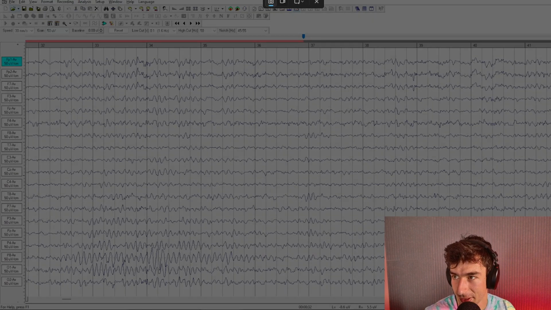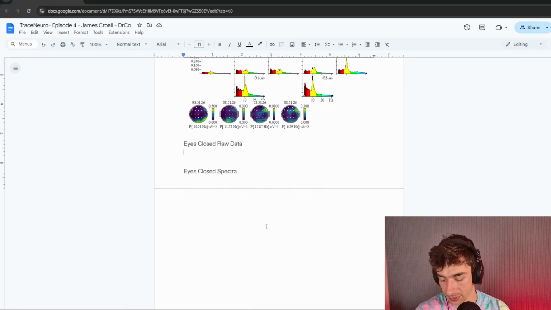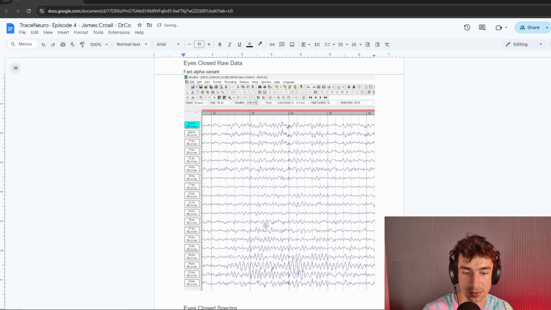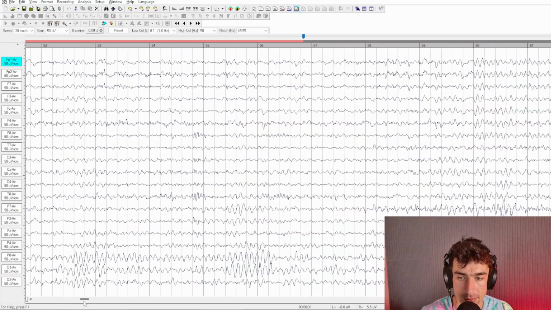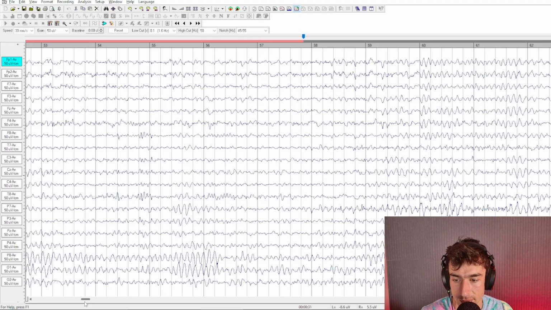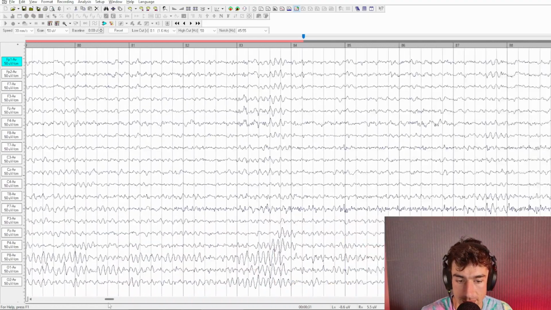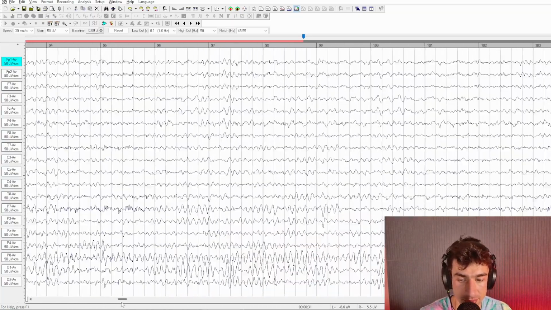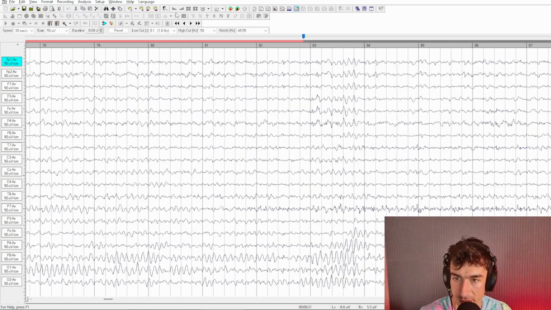So fast alpha variant. Look at that. And there's some natural drowsing happening. We didn't totally get rid of the EMG at P7, so let's just snip that out.